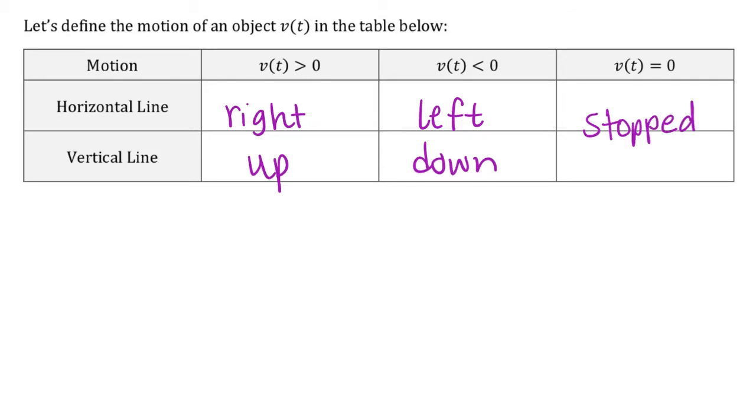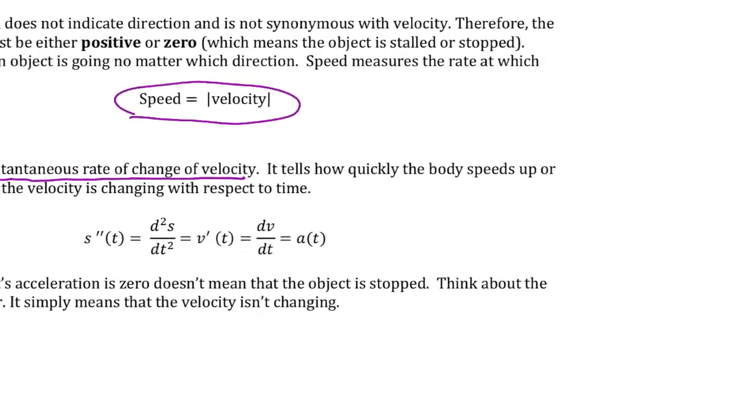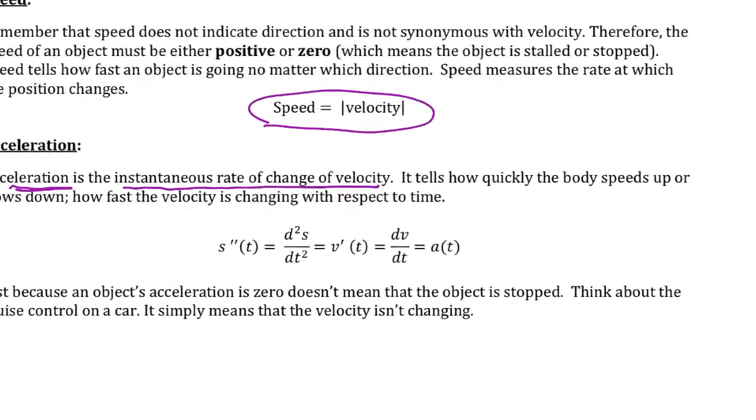Okay, moving on. We next talk about speed, and we do need to note that speed is the absolute value of velocity. And then we can move on now to acceleration, which is the rate of change of the rate of change, or the rate of change of your velocity. So to summarize all of this, we actually have three different functions that we will be talking about.